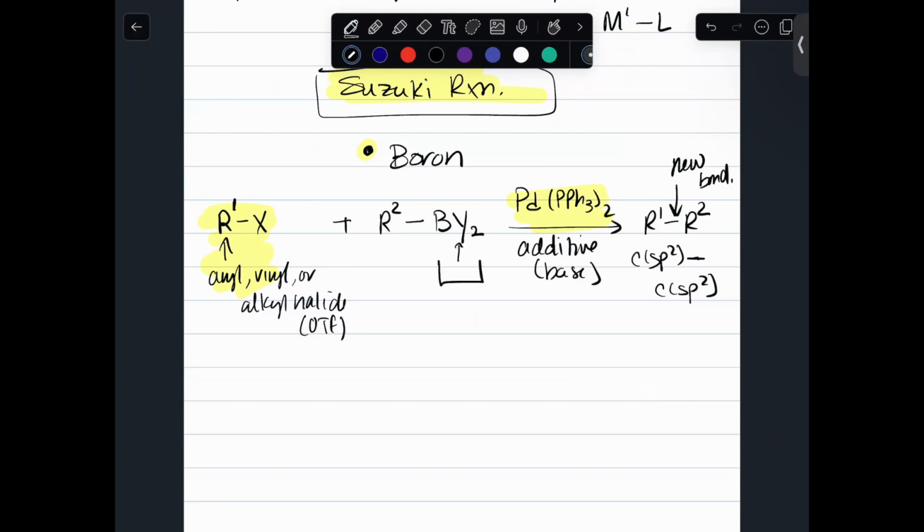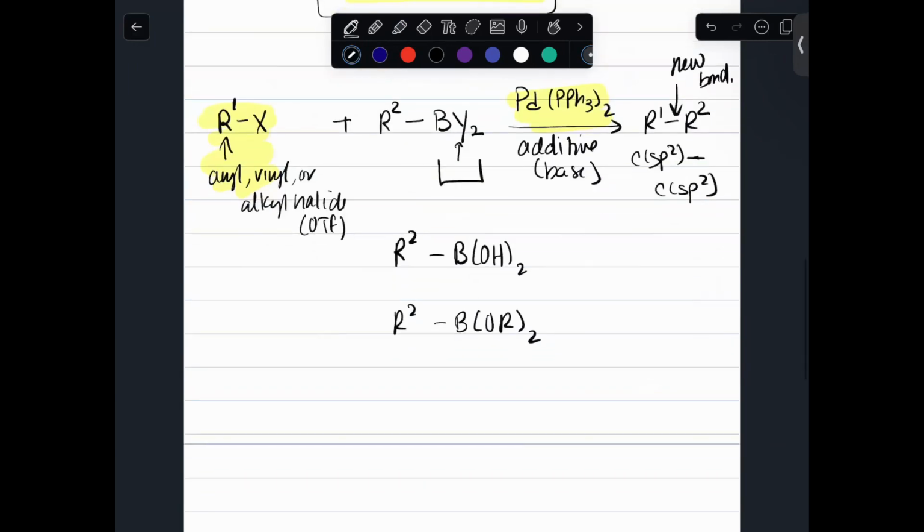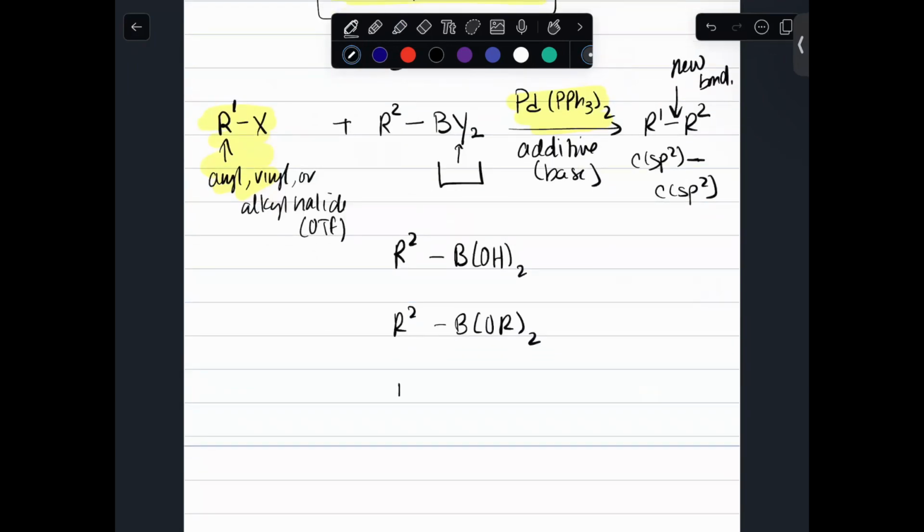So the boron is usually bonded to hydroxy groups or alkoxy groups. That's not to say that it can't be bonded to R groups as well, okay?